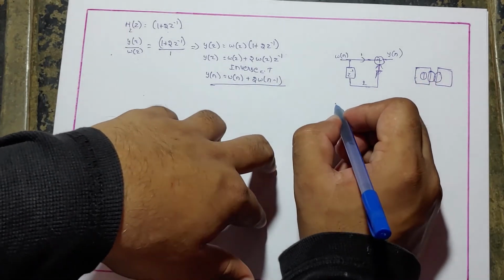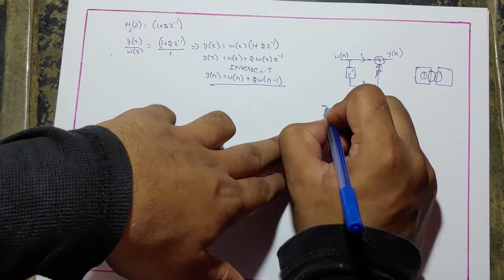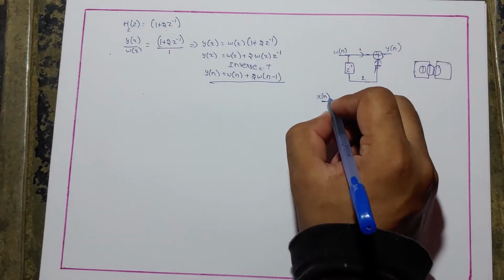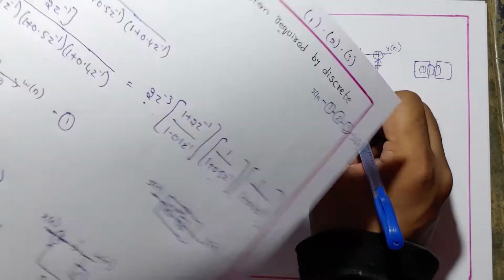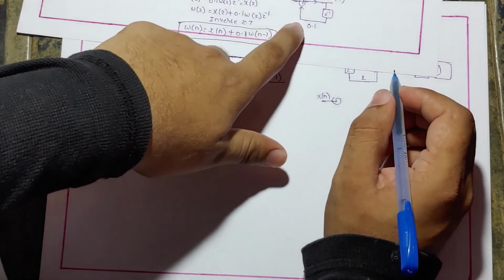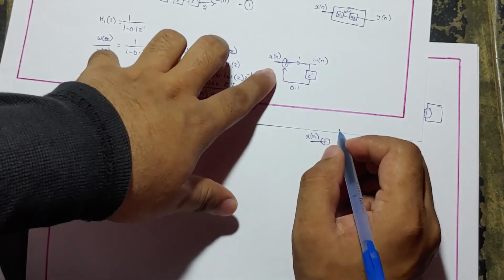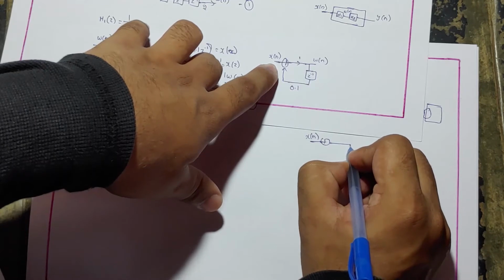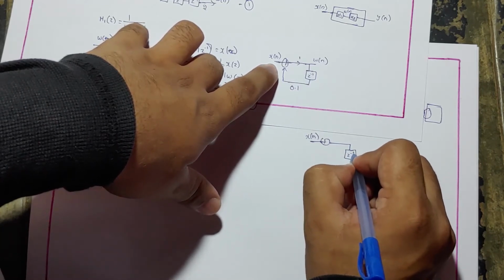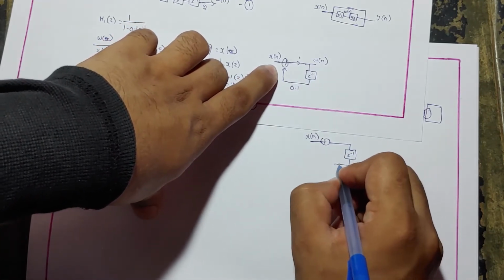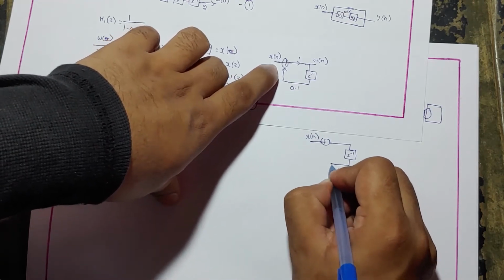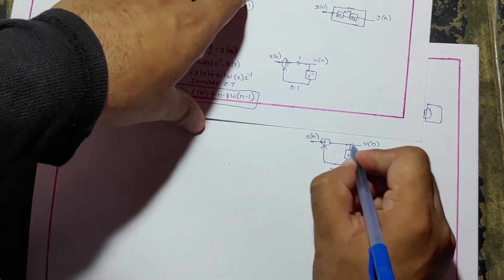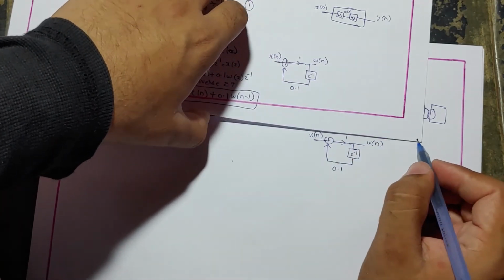So for the first set we can take common x of n as the input, and here we will have a delay element and adder, and its output is added with the delay element of minus 1, and its delay output is multiplied with a constant 0.1 and added to the adder, which gives an output of w of n with a constant multiplication of 1.